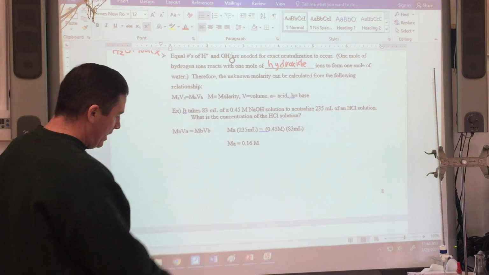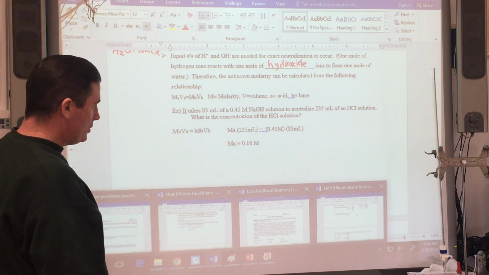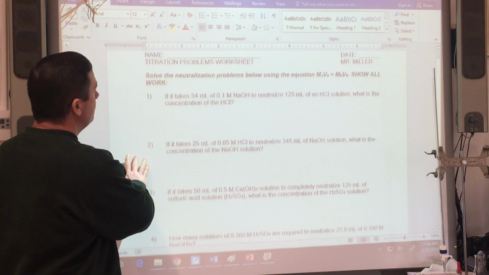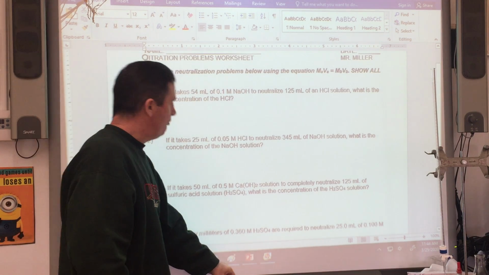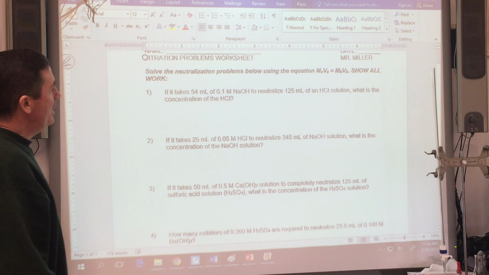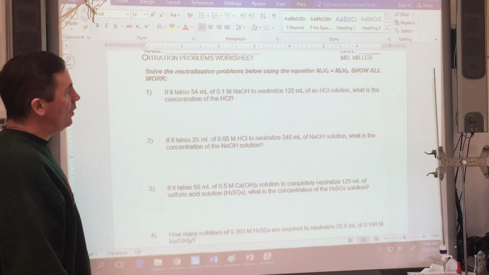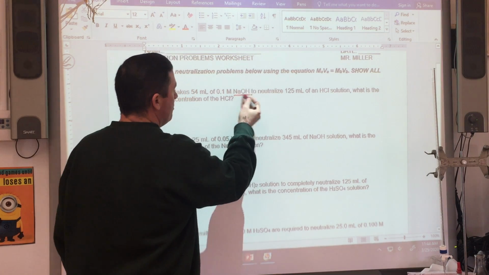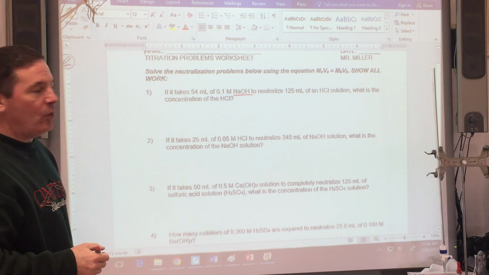All right? Here's an example, and this is the homework that I want you to do for tonight. If it takes 54 milliliters of 0.1 molar NaOH, I first have to identify what is the base. Bases tend to end with OH.